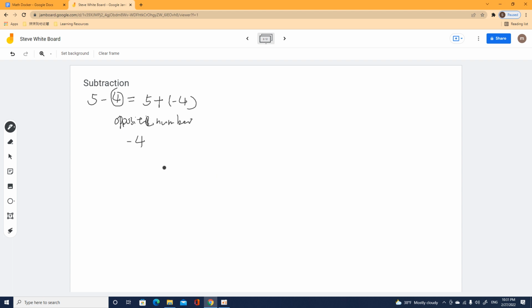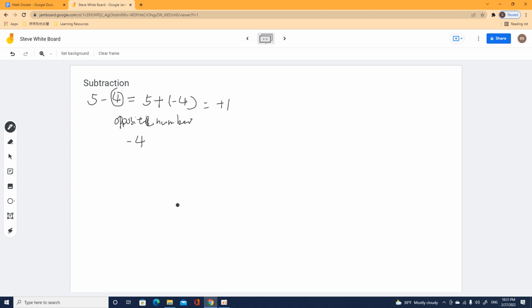Because previously we already summarized how to do the addition. So basically, you just need to transform the subtraction to the addition. Then you can do any kind of subtraction. Okay, so this one, the result is positive 1.